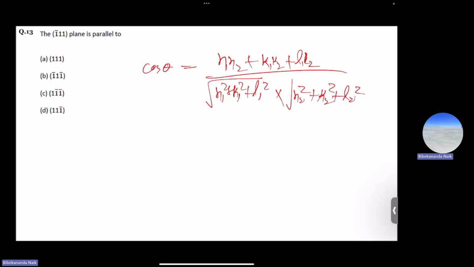So for the planes to be parallel, we need theta to be 0 or 180 degrees.